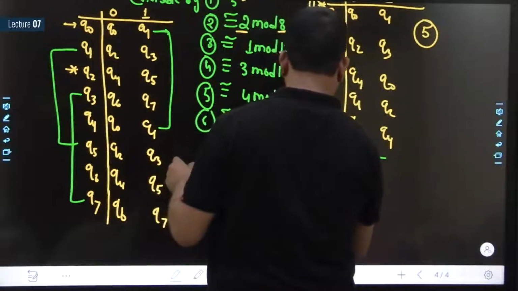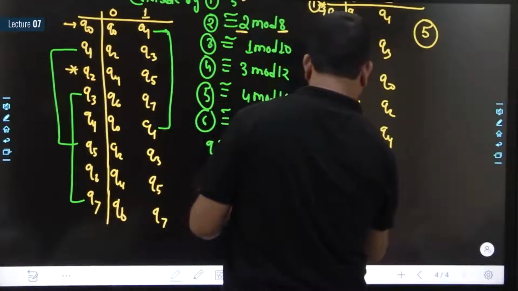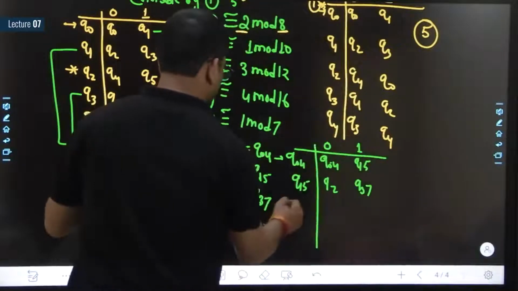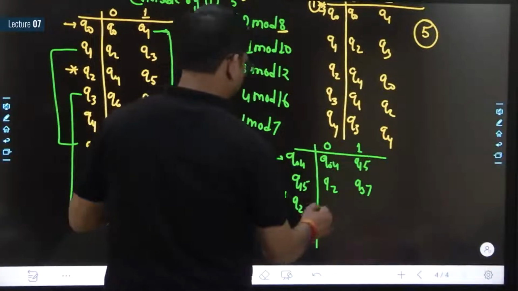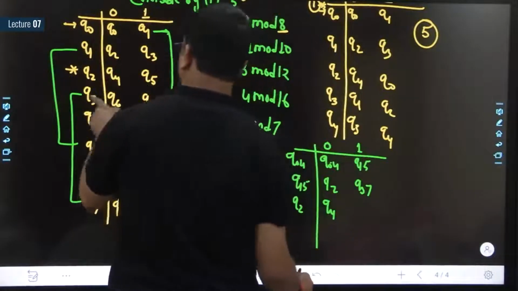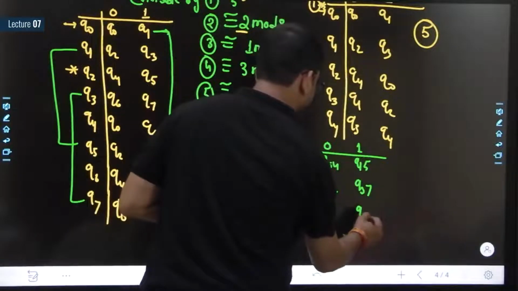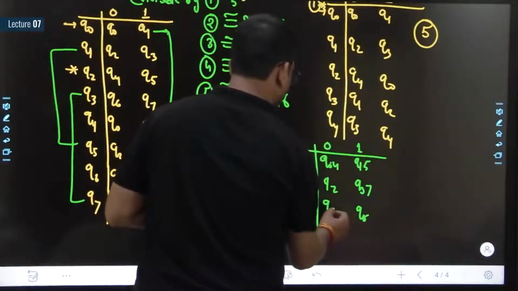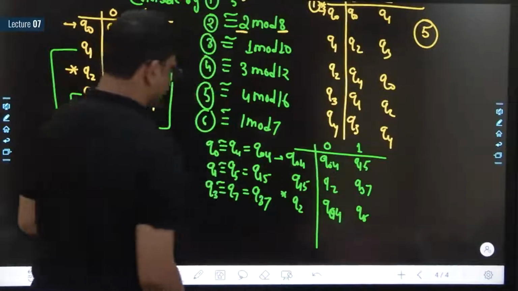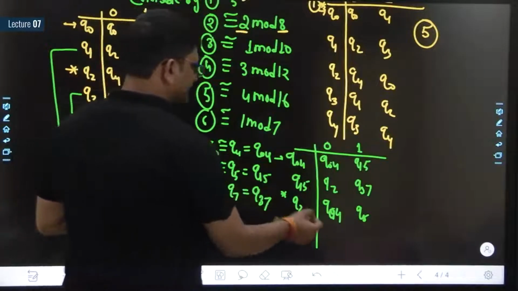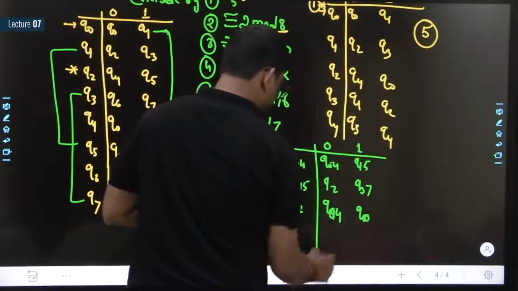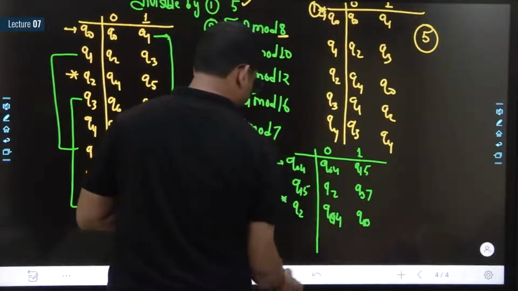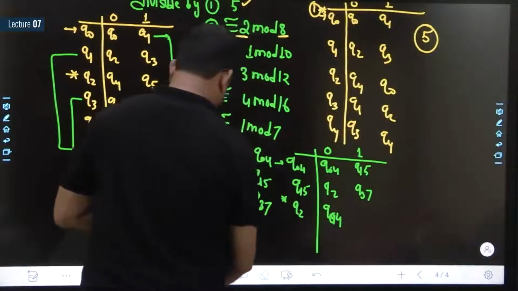Q4 is written as Q04, Q5 is written as Q15.